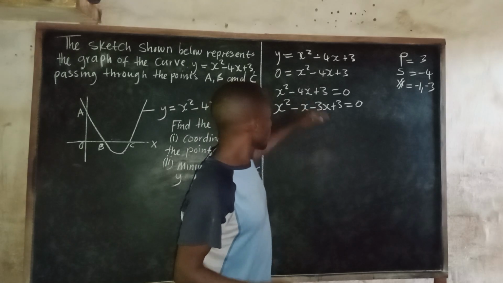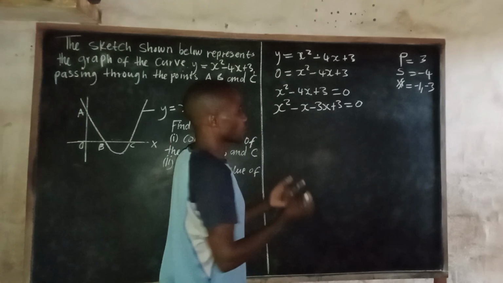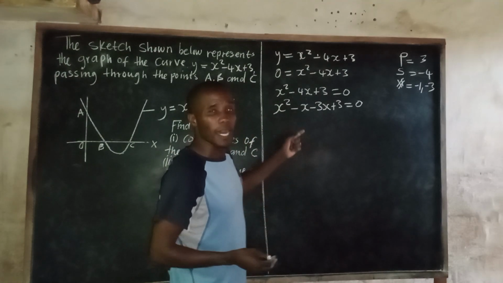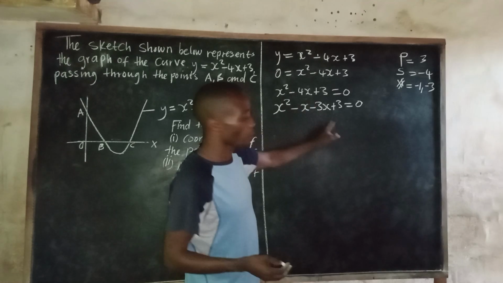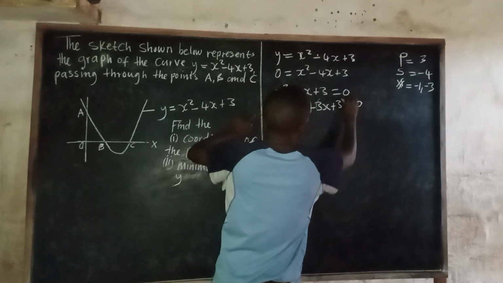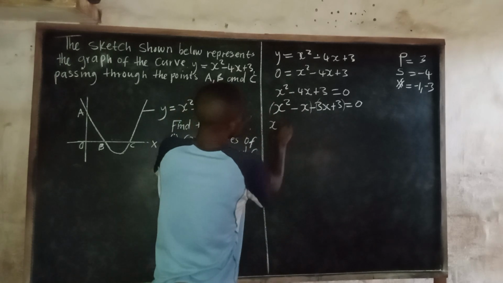So now from there we can factorize. For us to factorize, we need to group this. So we are going to group them like this. What is common between these two is x, so x will be outside.